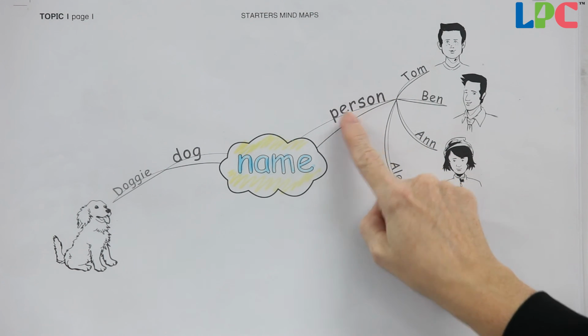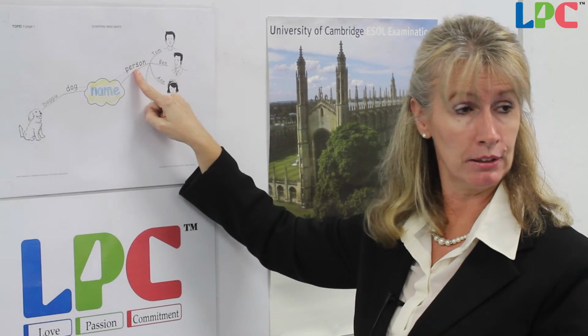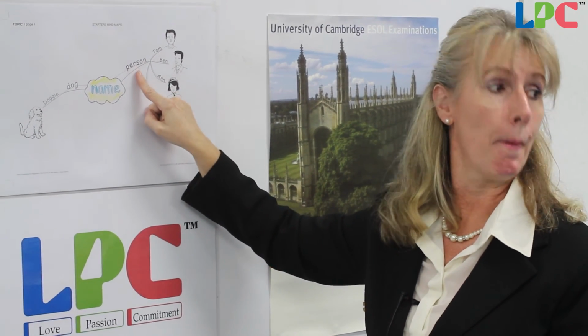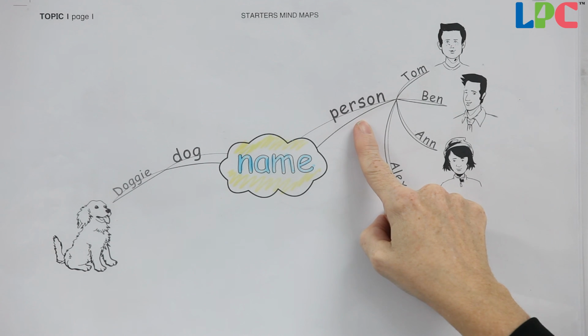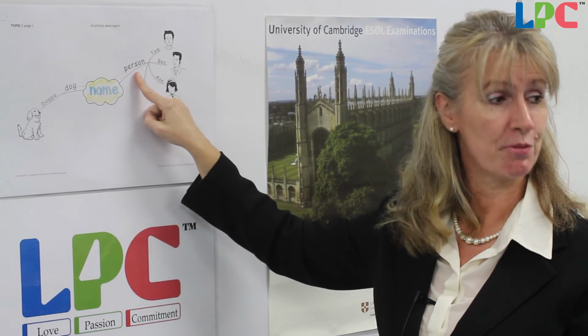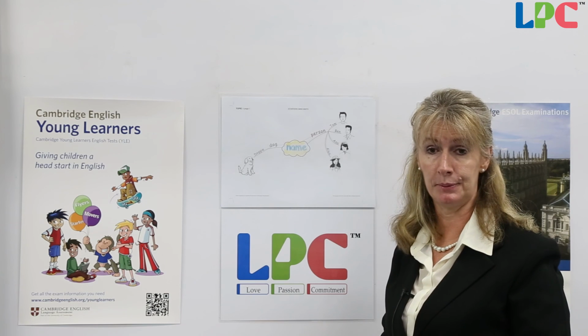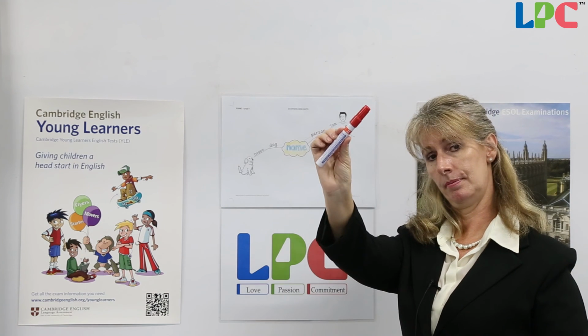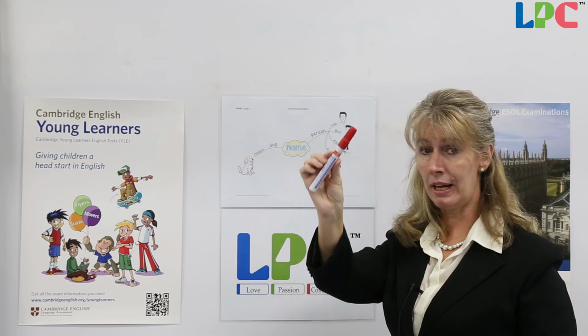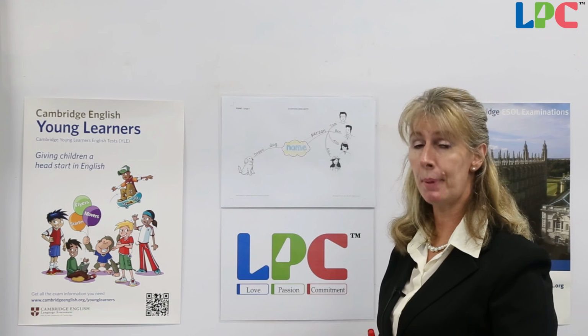Point to the word and tell the children what it says. Person. They will repeat after you. Very good. Person. Very good. Show me your red pencil. With your red pencil, write person.